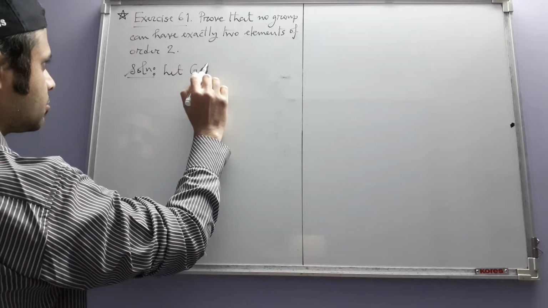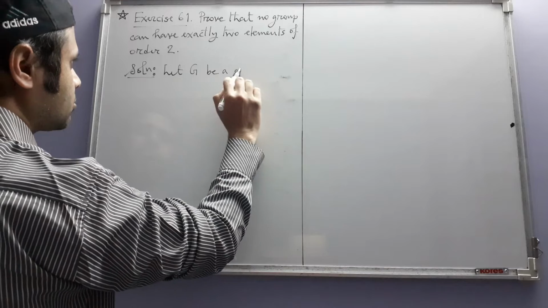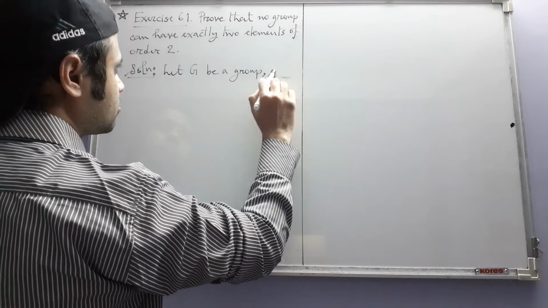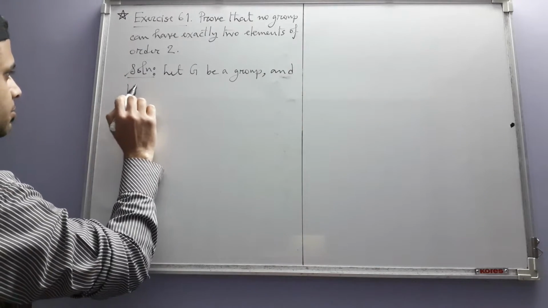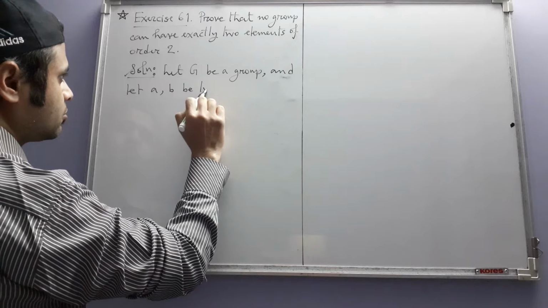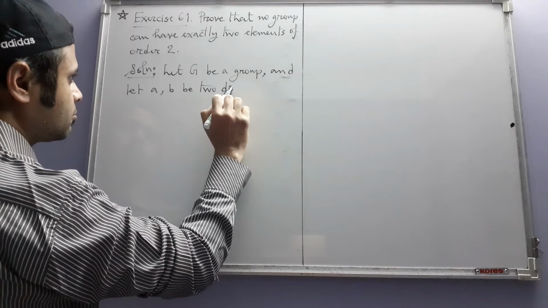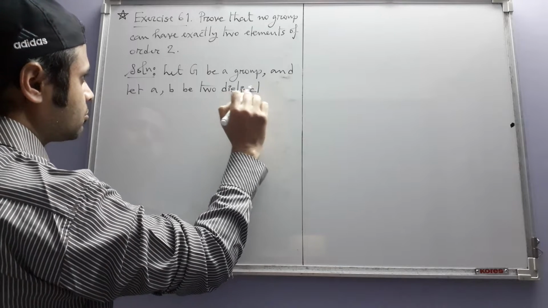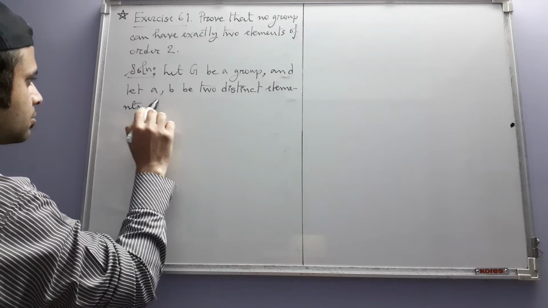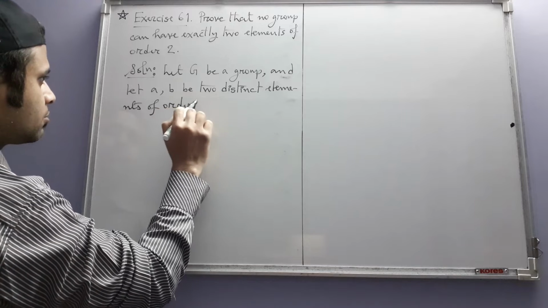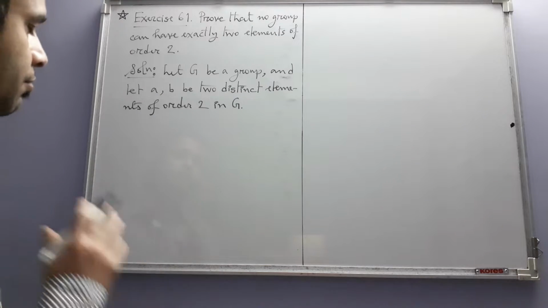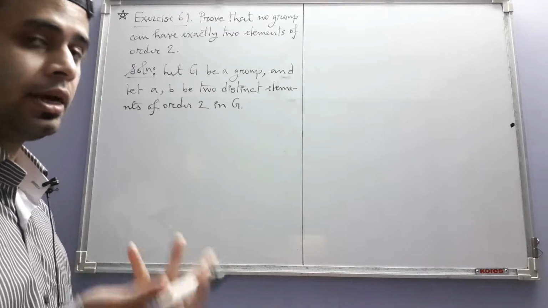Let G be a group and let A and B be two distinct elements of order 2 in G. We will now show that there is another one.